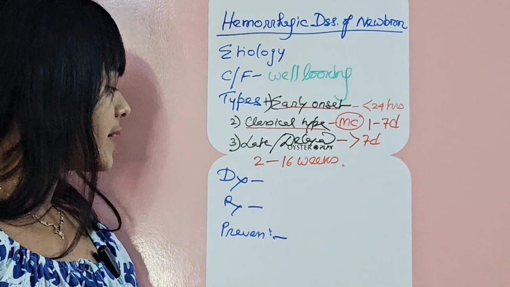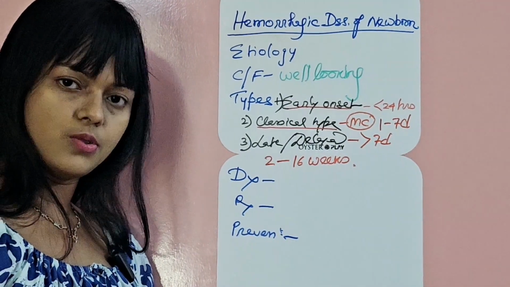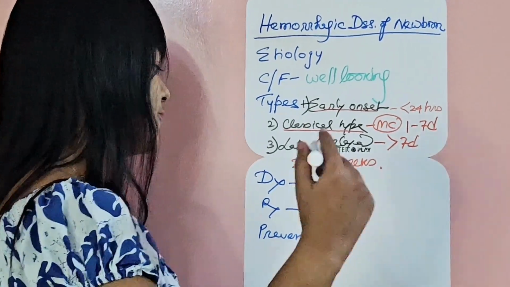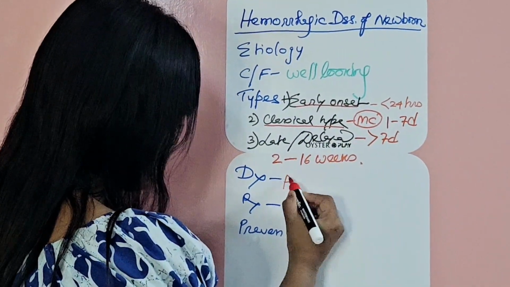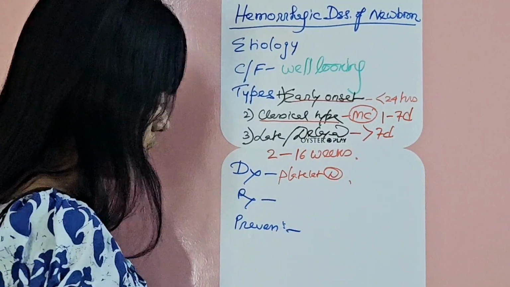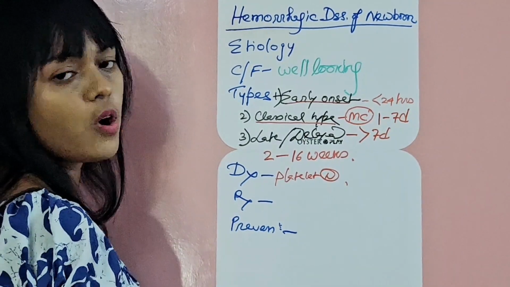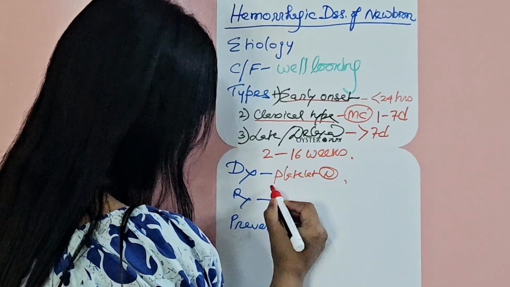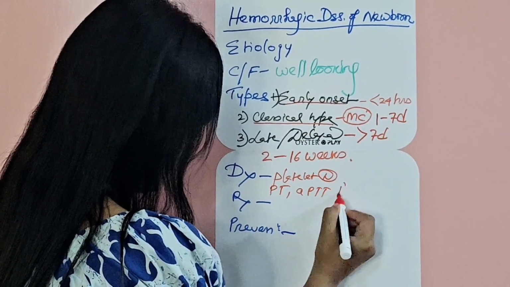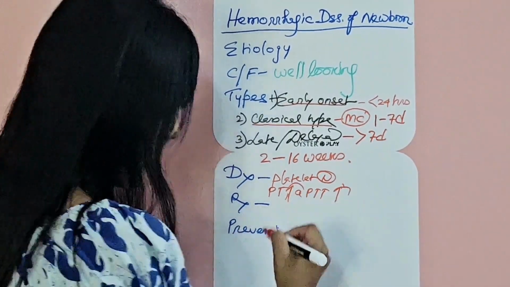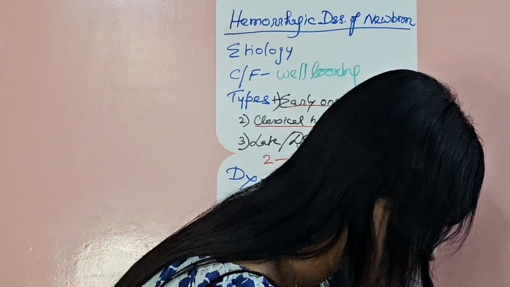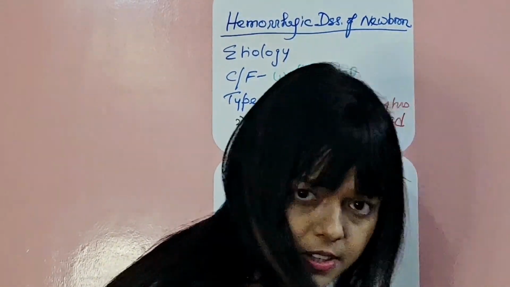Next, diagnosis. How will you diagnose? If you are going for a lab diagnosis, routinely you will order platelet count, which is going to be normal. And what is significantly high? That is PT and APTT. That will be high. And students, will you be able to measure vitamin K directly in the serum?